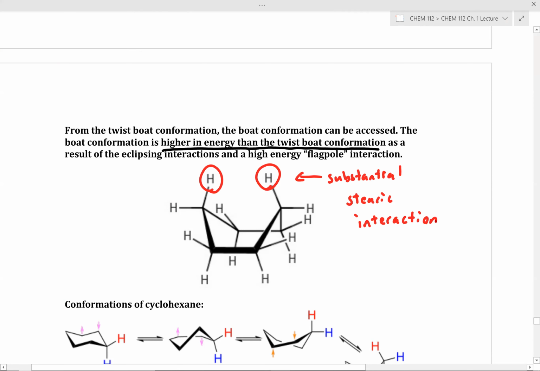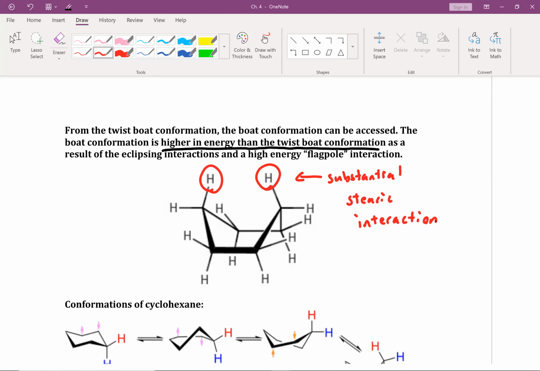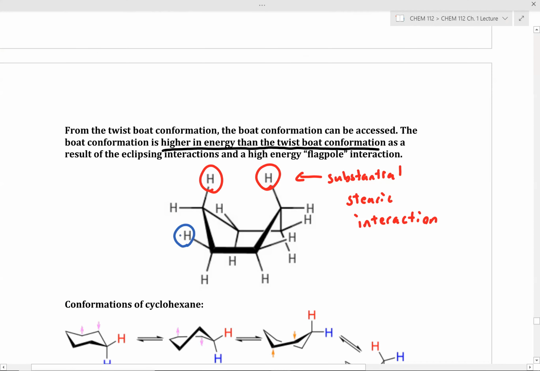We are bringing two substituents that take up space very close together in three-dimensional space. And this repulsive interaction raises the energy of our system. Further, we have introduced a pretty unfortunate set of eclipsing interactions. So if we compare the hydrogens on our adjacent carbons, these hydrogens are eclipsed.